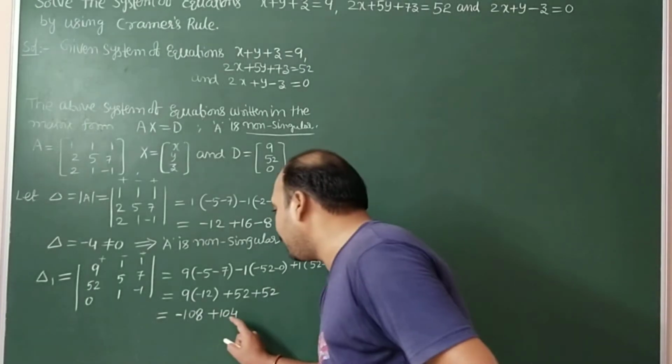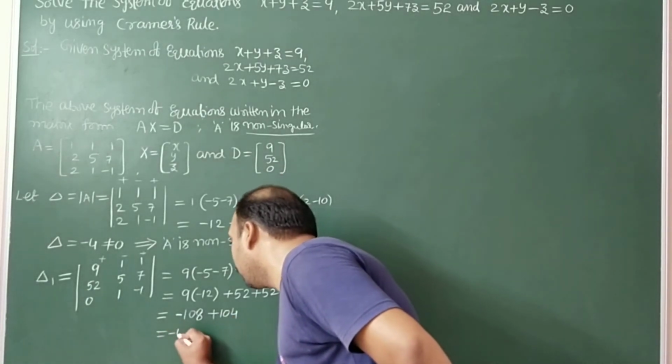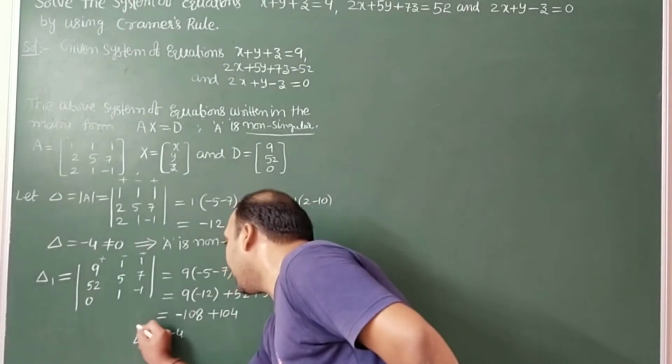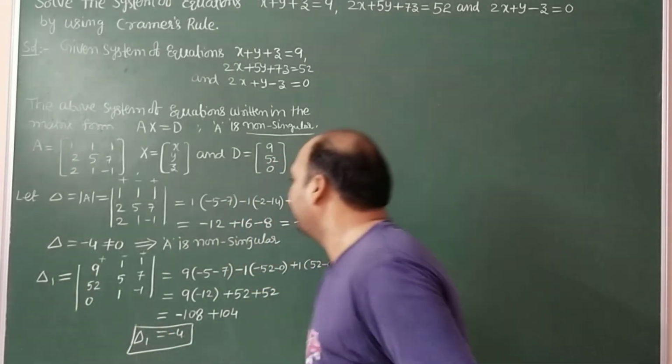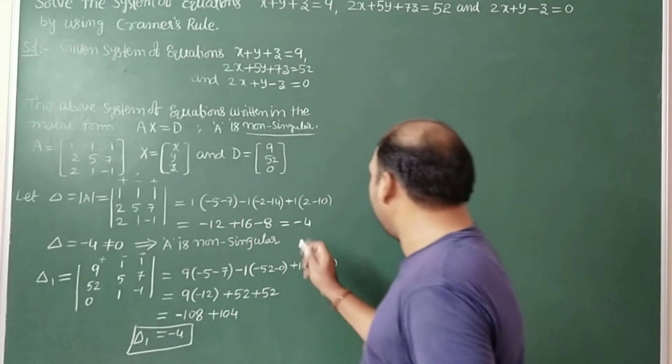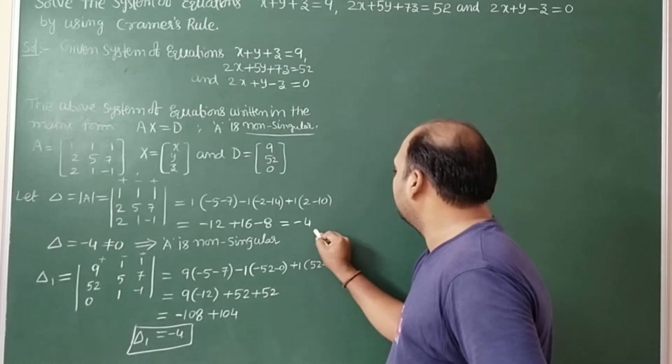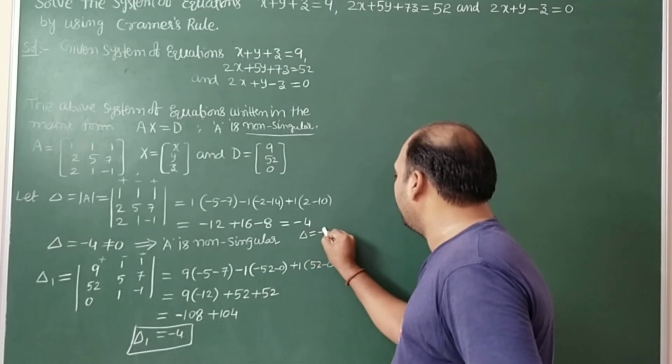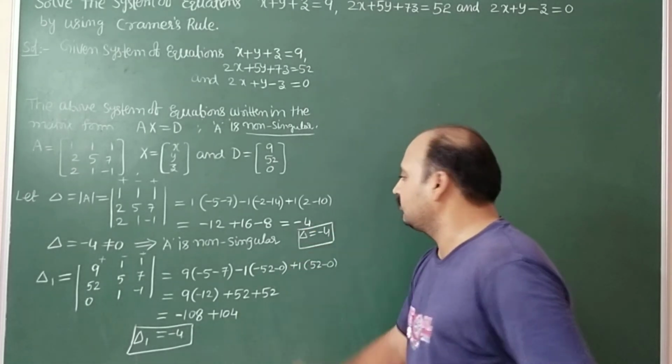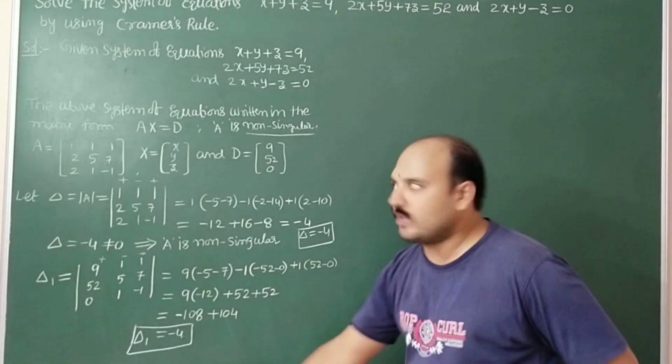So minus 108 plus 104 is minus 4. Therefore delta 1 value is minus 4. Here also I will highlight delta is equal to minus 4. Delta we got it, delta 1 we got it.